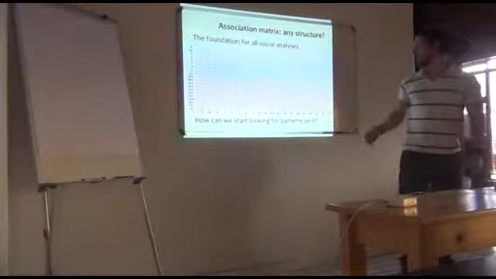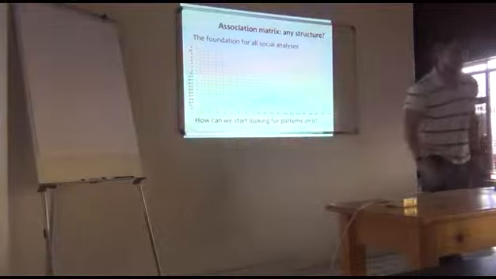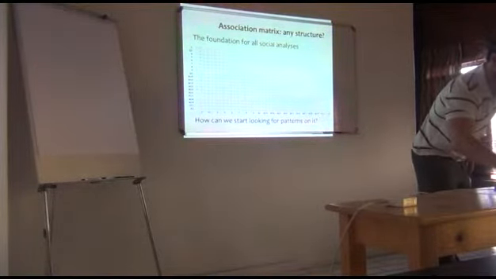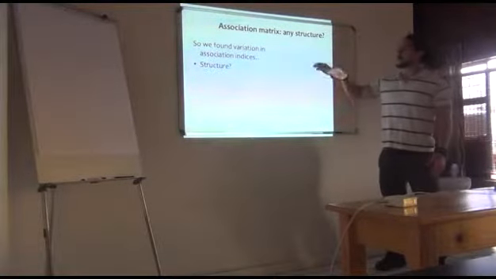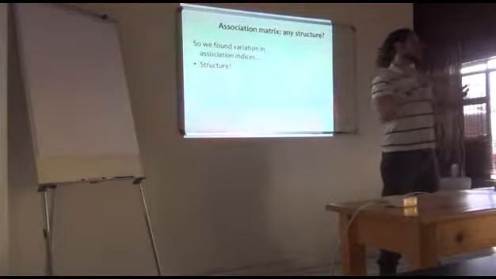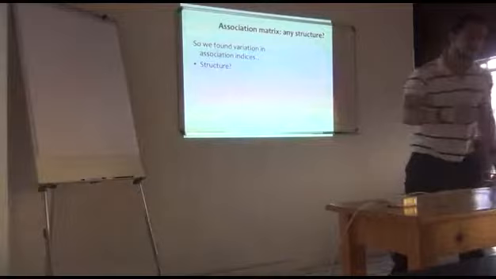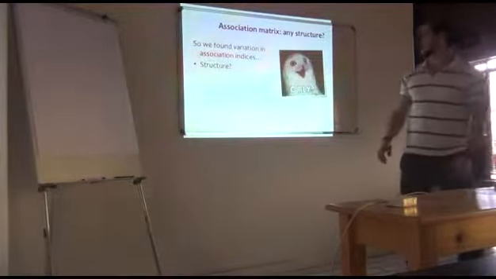But to start looking at any pattern here, we have to test this null hypothesis. So for now we see some variation in association index. Some pairs with higher values than the others, but is that really an indication of any structure?